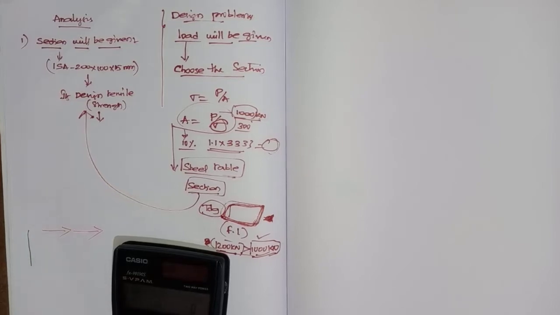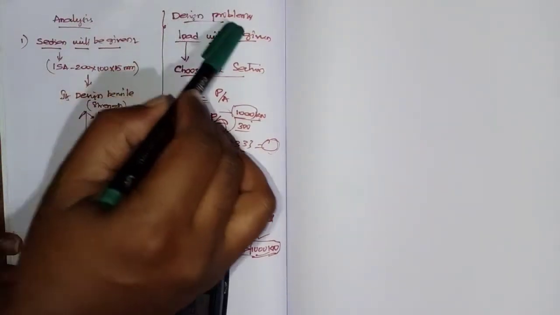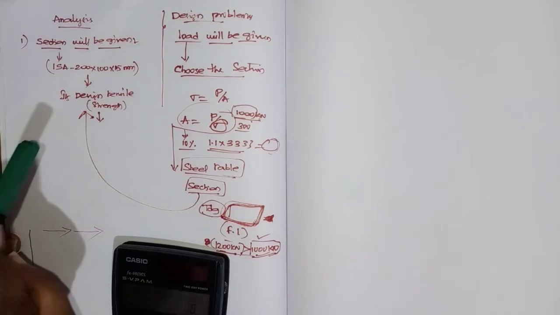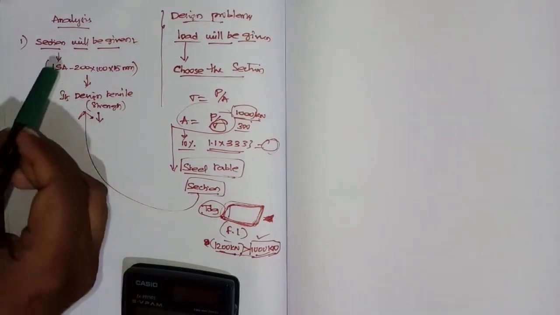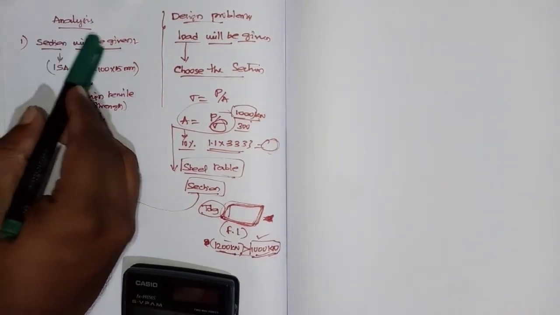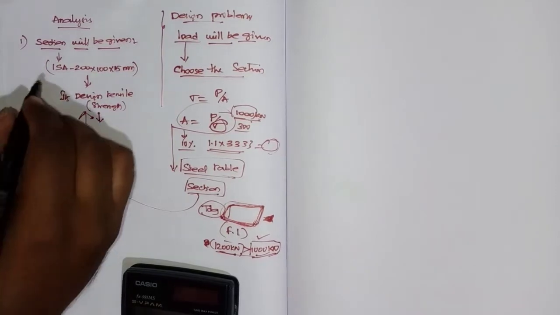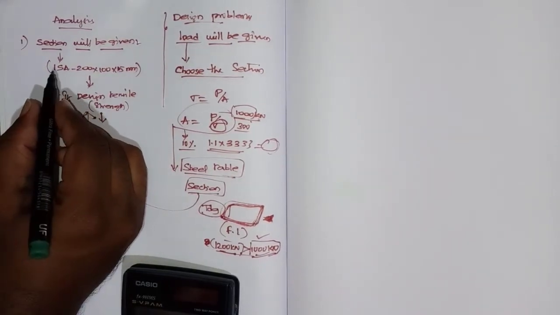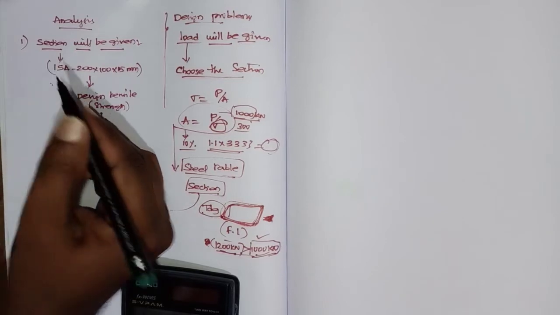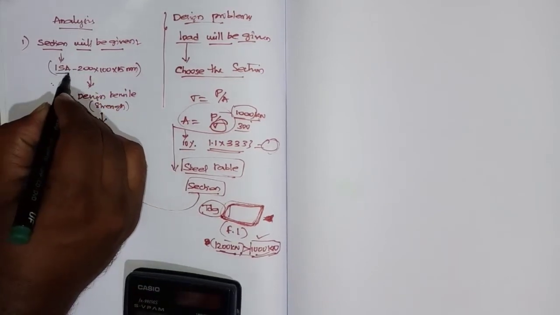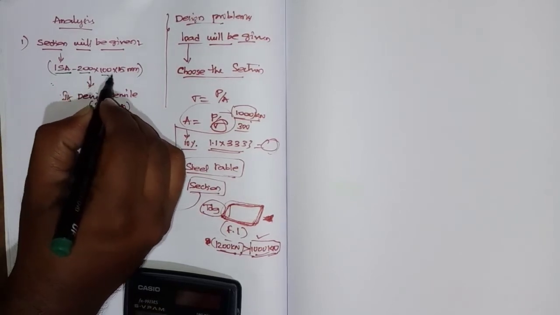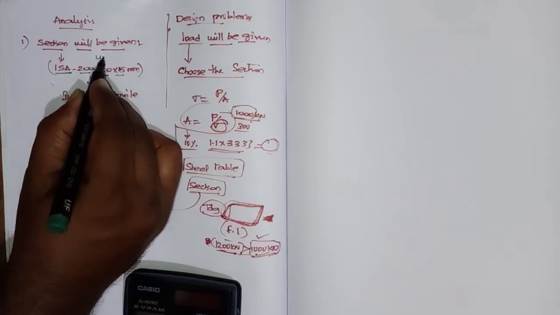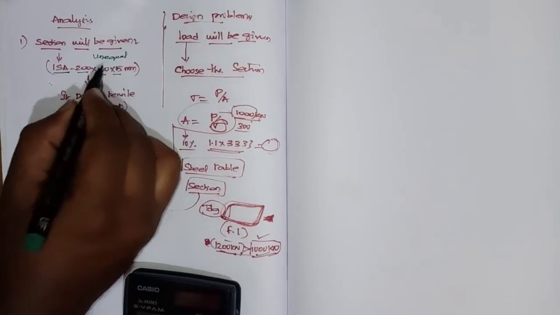Once again I will revise this small topic: analysis and design problems. What is the difference between analysis and design problems? Suppose the sectional details are given, whether it is an angle section, I section or channel section. If the section details are like ISA, Indian Standard Angle, either equal or unequal, here 200 by 100 by 15 mm is given, which is an unequal angle section.